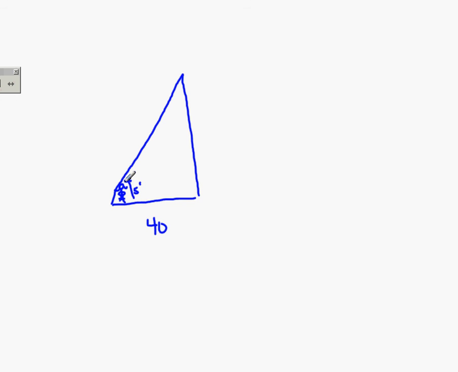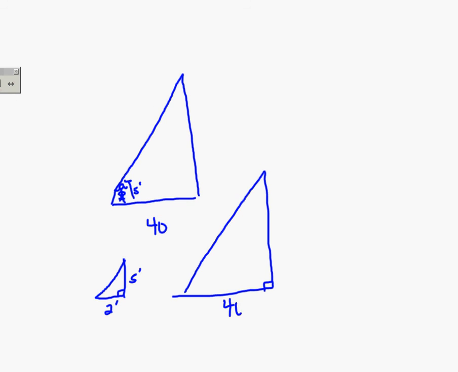When she stands so her head touches the guide wire, she is 2 feet from the point where it attaches to the ground. So I'm going to draw a small triangle here. This represents Angelica. She's 5 feet tall, 2 feet from the base, versus the large triangle, 40 feet here, and I'm looking for x.